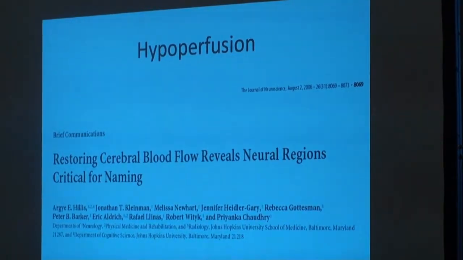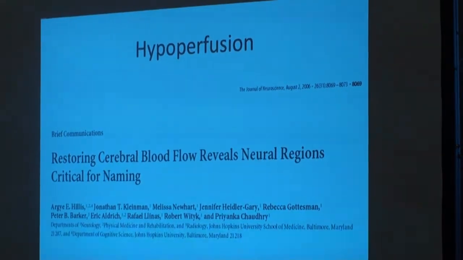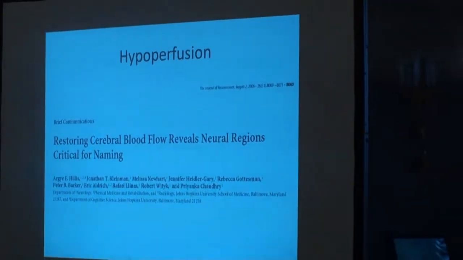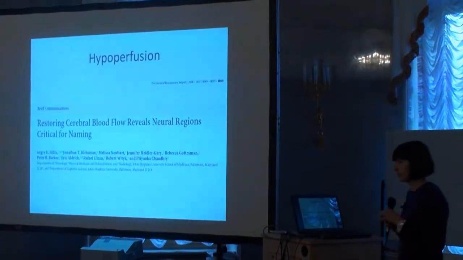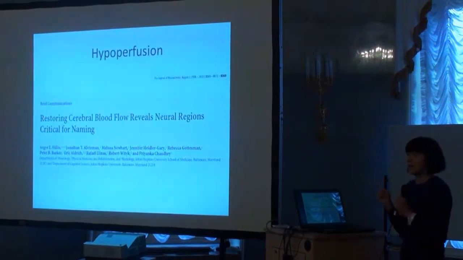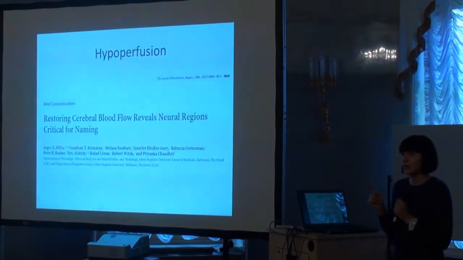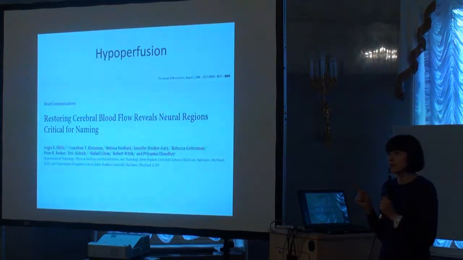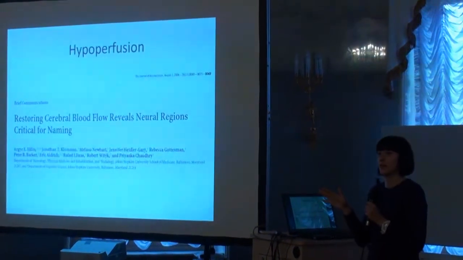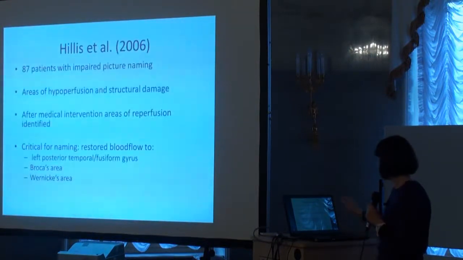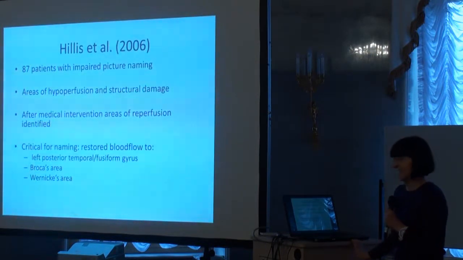I won't go into details, but this is what we do all the time in fMRI studies. But still, using the same scanner, you can apply a different sequence and measure perfusion weighted contrasts. And this kind of measurement allows you to detect the perfusion of blood in different regions and how it changes with time. So what they did, they recruited 87 patients.